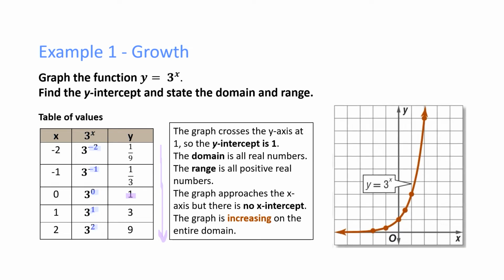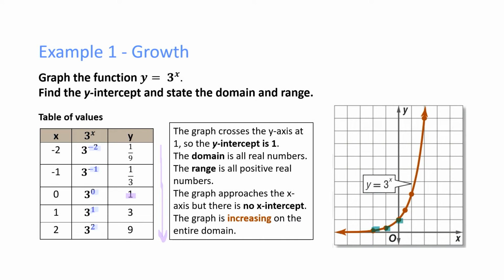What does that look like as the graph? If we look at those values again, we have -2 and 1/9, so that will be this value here. We have -1 and 1/3, just above the x-axis, and then the graph crosses over at 0, 1.